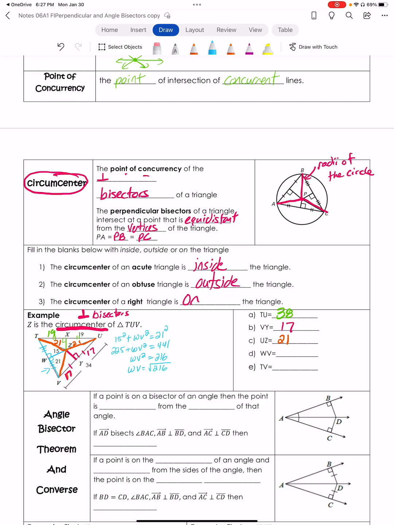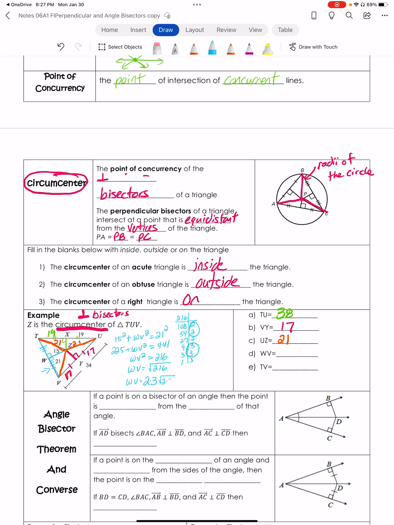Now we can simplify our 216. You can either find the largest perfect square or you can divide by 2. 216 divided by 2 is 108. 108 divided by 2 is 54. 54 divided by 2 is 27. 27 can't be divided by 2, but can be divided by 3 nine times. 3 and 3, 3 and 1. So the square root of 4 is 2, so that comes out. The square root of 9 is 3.